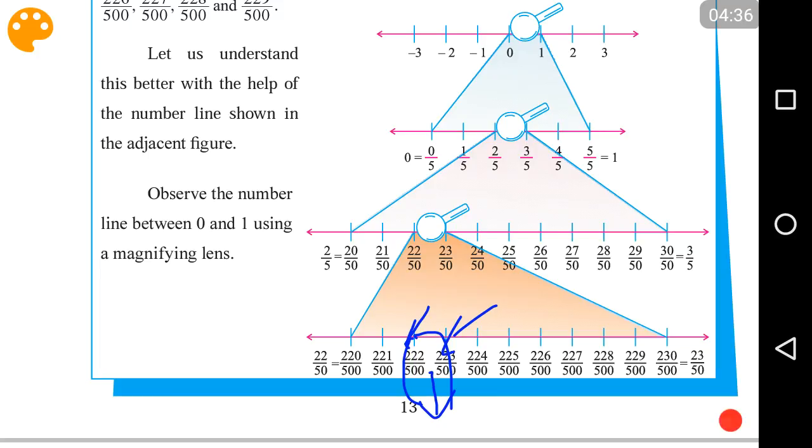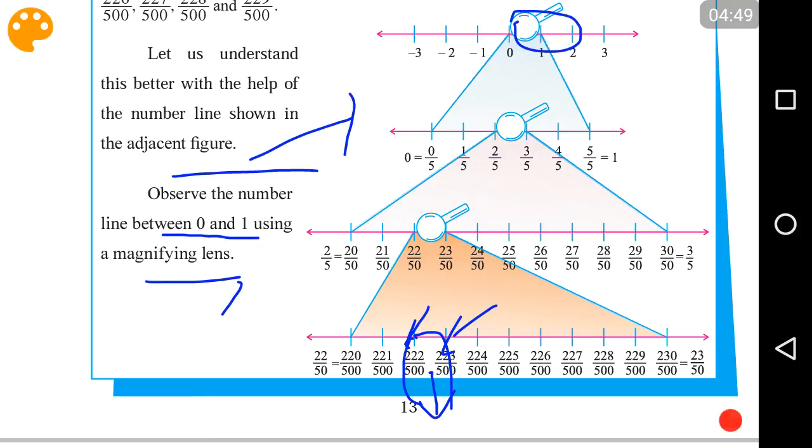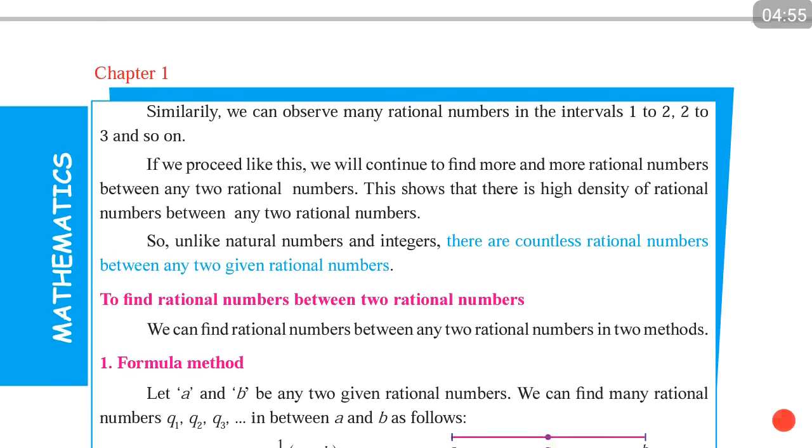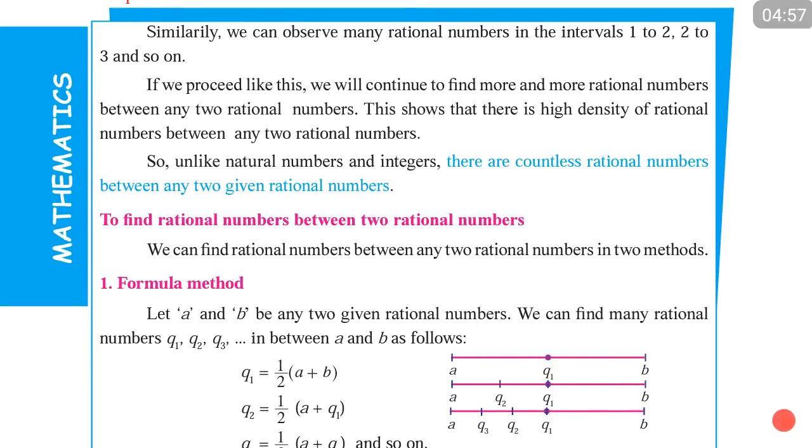Let us understand this better with the help of the number line shown in the adjacent figure. Observe the number line between 0 and 1 using a magnifying glass. With this magnifying glass we can zoom in, zoom in, zoom in and find more rational numbers, right? Similarly, we can find many rational numbers in the interval 1 by 2 and 2 by 3 and so on.